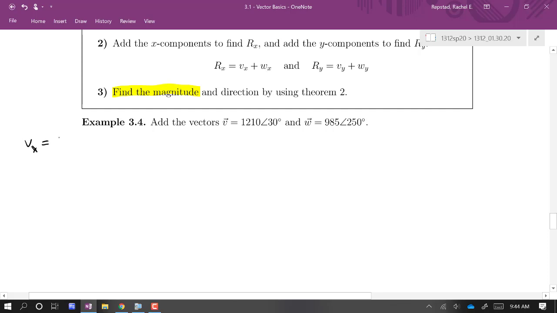So magnitude times cosine. The y component is magnitude times sine.